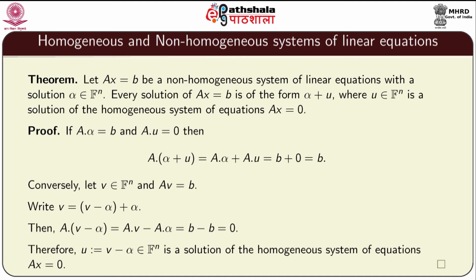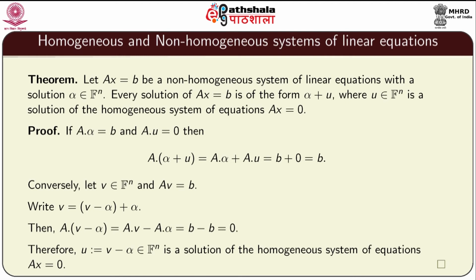Now, let us introduce this theorem, which we have already seen before in some sense. When we discussed examples, we saw that solutions can be written in terms of solutions of the corresponding homogeneous equation and a particular solution.